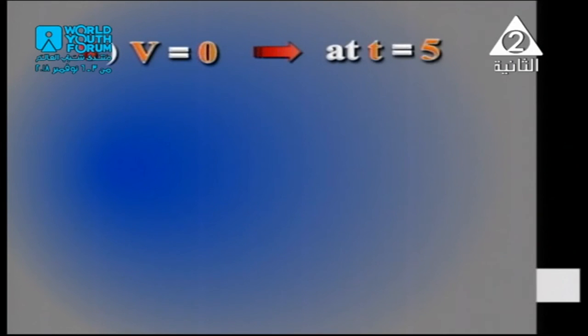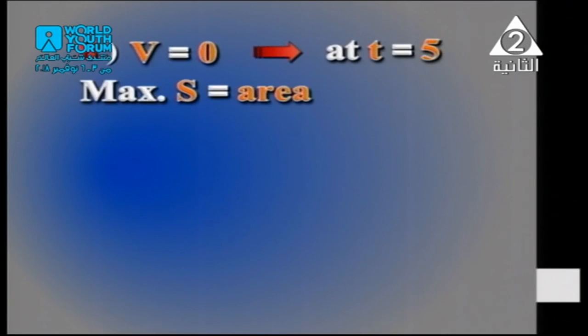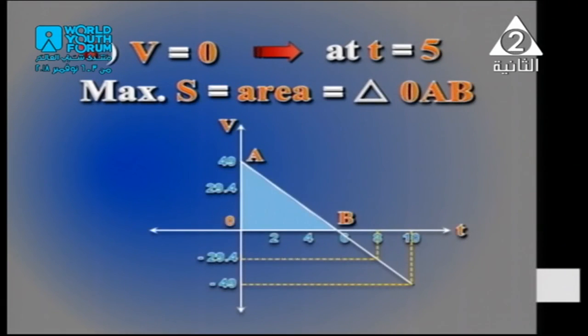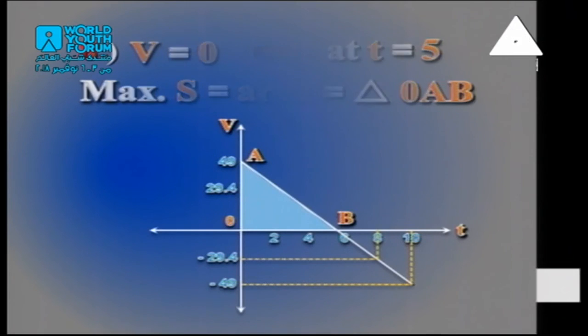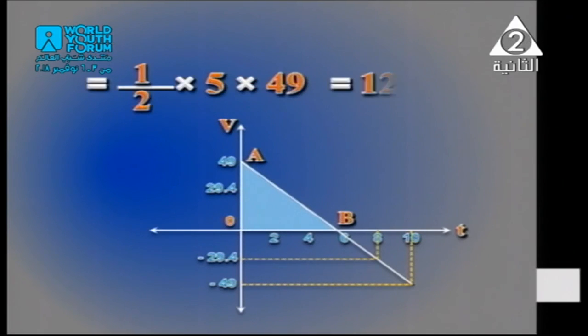Look at, my dear student, when v equals 0, t equals 5. Therefore, the maximum distance equals the area of triangle OAB. Area of a triangle equals half base times height. By substitution, half times base 5 times height 49. The answer is 122.5 meters.